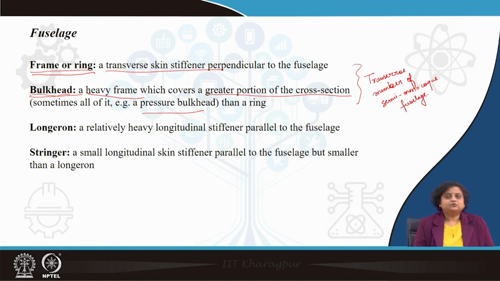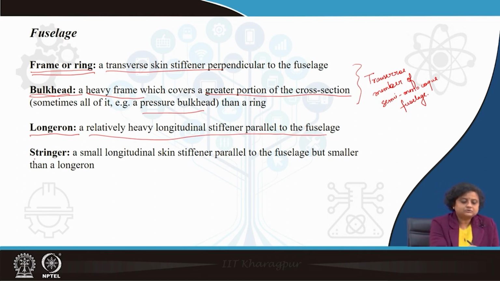Now, let us come to the longitudinal members. For a wing, the longitudinal members were spars and stringers. Here, the longitudinal members are called longerons, which are much heavier longitudinal stiffeners that run parallel to the fuselage. Apart from longerons, there are stringers, which are smaller skin stiffeners, as you have seen in the case of a wing.